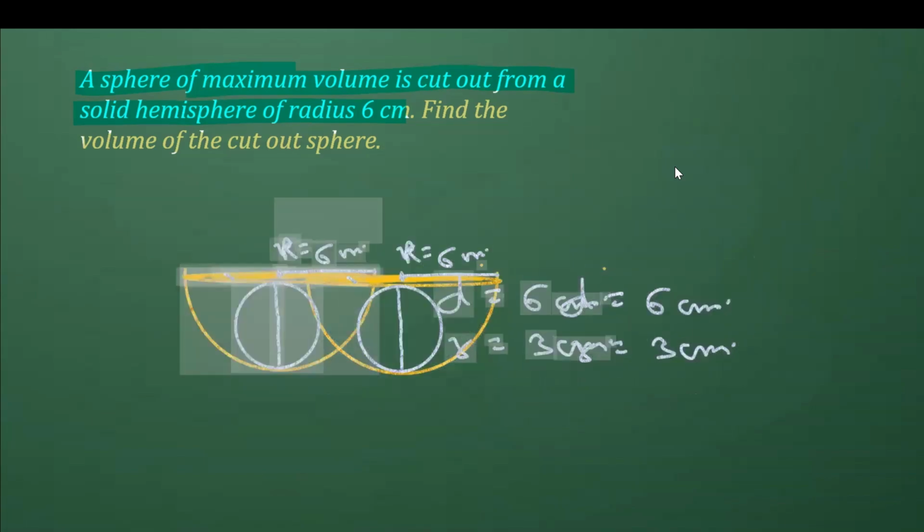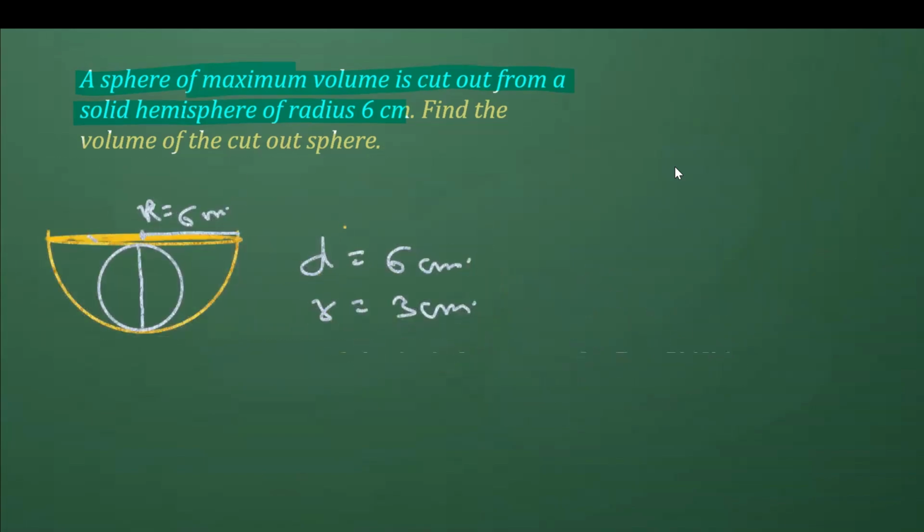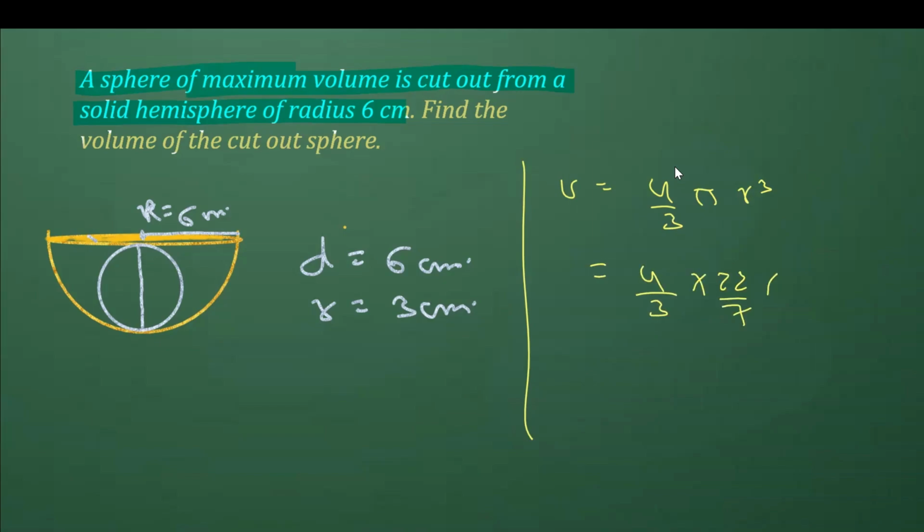So once you know the radius, you can find its volume by applying the formula. And what is the formula for finding the volume of a sphere? It is 4 over 3 pi r cube, where r is small r. So replacing the pi with 22 over 7, the radius is 3 into 3 multiplied by 3. So these three get cancelled over here.